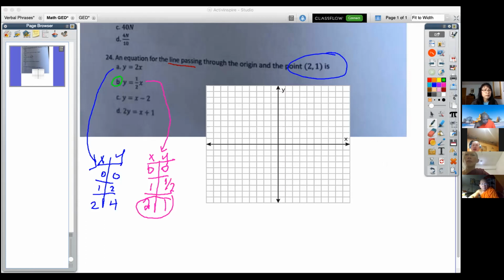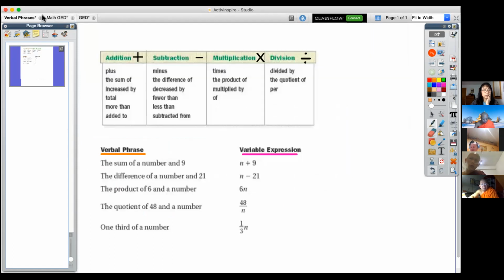Trying. All right, so now you got this one, I will close it, no save.